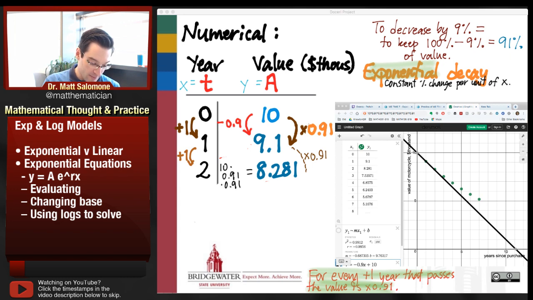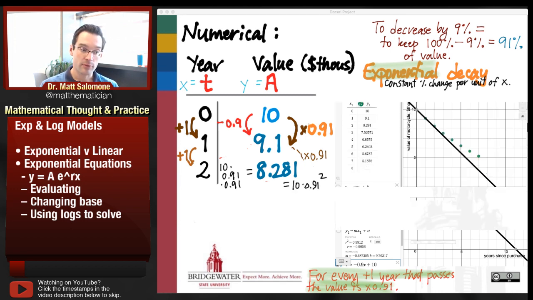And another way of writing that is that that would just be 10 times 0.91 to the second power. And again, I'm kind of running off the screen here. Let me put that in a better spot. 10 times 0.91 to the power 2. So that's a more efficient way of writing down what this calculation is that we're doing.